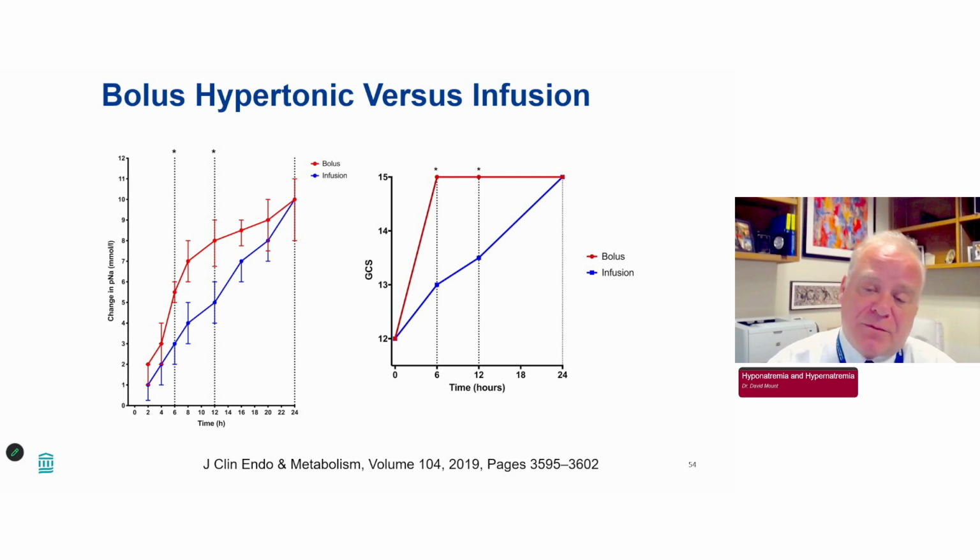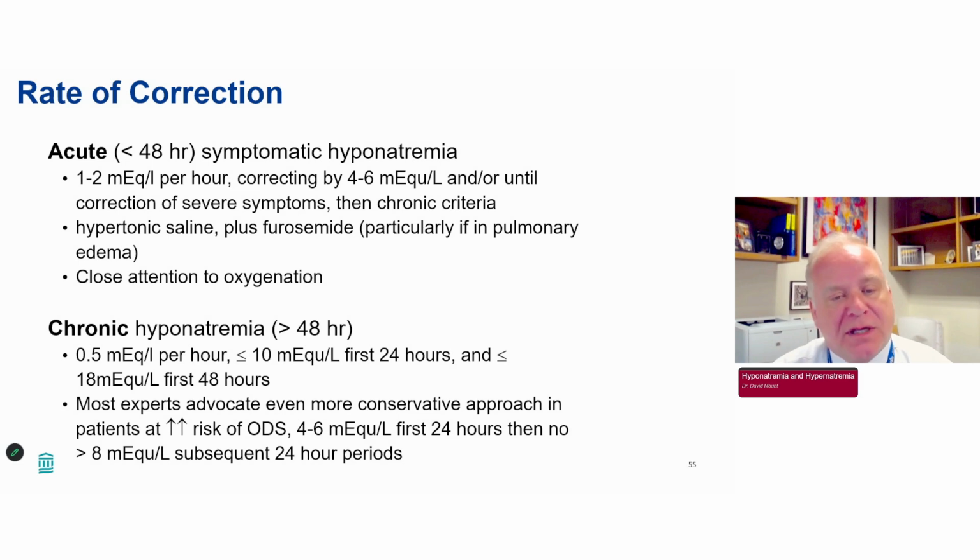So if I see somebody with acute hyponatremia where I'm worried that they're going to seize, I will give them a 100 ml bolus. And you want to correct them by 4 to 6 milliequivalents or until correction of the severe symptoms, and then the chronic criteria within reason for overcorrection.